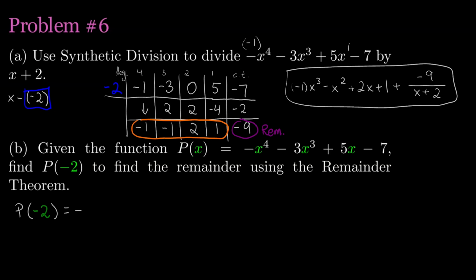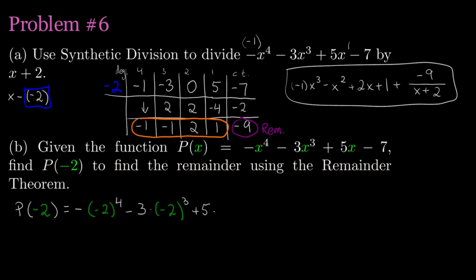Since we're evaluating a negative number, I'm going to keep it in parentheses to make sure that we use the order of operations properly. So we have minus negative 2 to the 4th, then minus 3 times the negative 2 to the power of 3, plus 5 times the negative 2, and then minus 7.